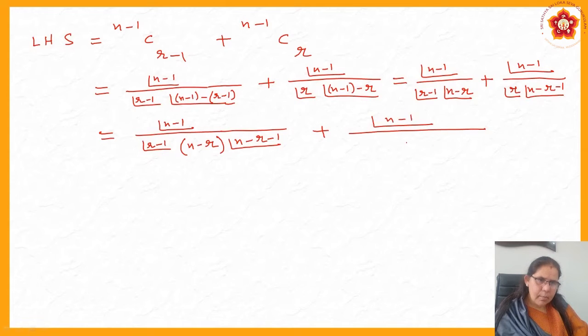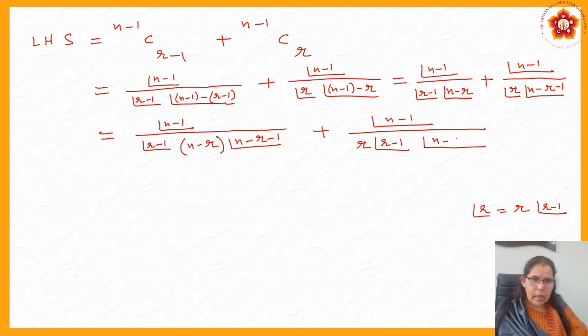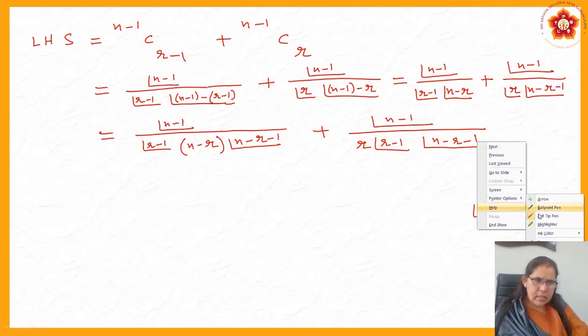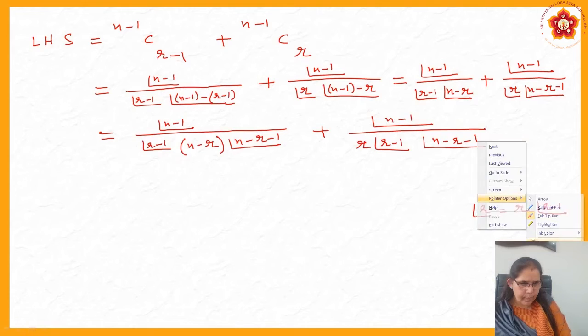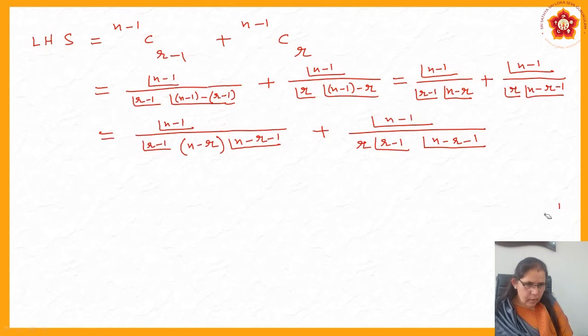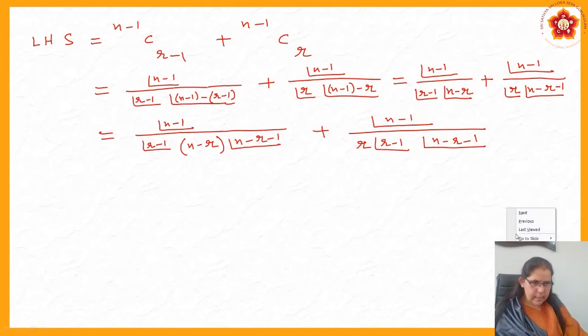This side we will have factorial n minus 1. Factorial r can be written as r into factorial r minus 1. So we write r here, and here we will write factorial r minus 1 and copy the next term as it is. Now you can take LCM.